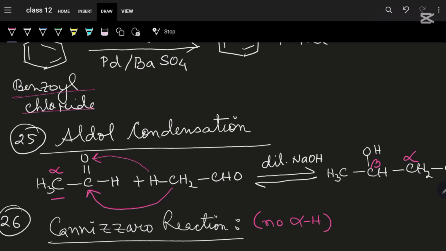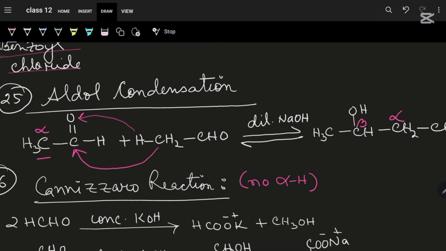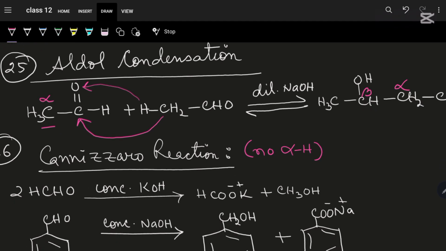Next, aldol condensation reaction is a condensation reaction using carbonyl compounds containing alpha carbon. Here what is happening is that oxygen takes up H by protonation, and CH2 minus is the nucleophilic end that is generated, which attacks the electrophilic carbon.